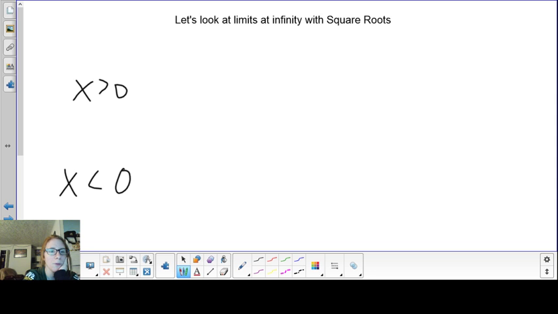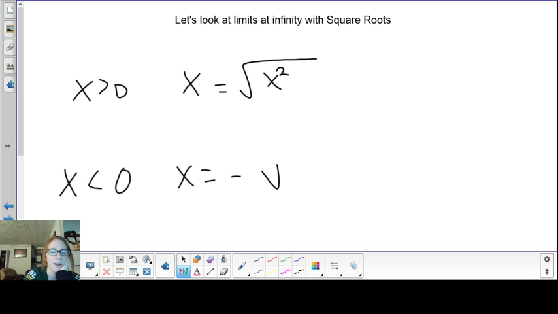So when we're going to positive infinity, we're used to seeing x as the square root of x squared. Aren't we used to just canceling, and you're just left with x? Well, today we're going to manipulate this a little bit so it works in our favor. Now, when you're dealing with a negative, you're going to do the opposite, so it needs an opposite sign.